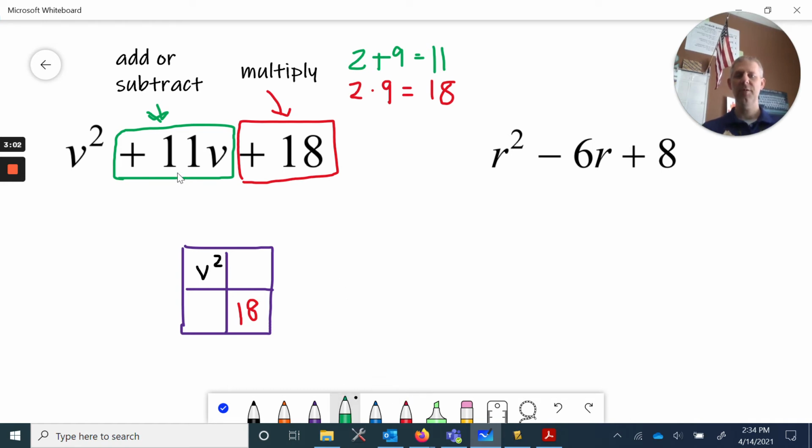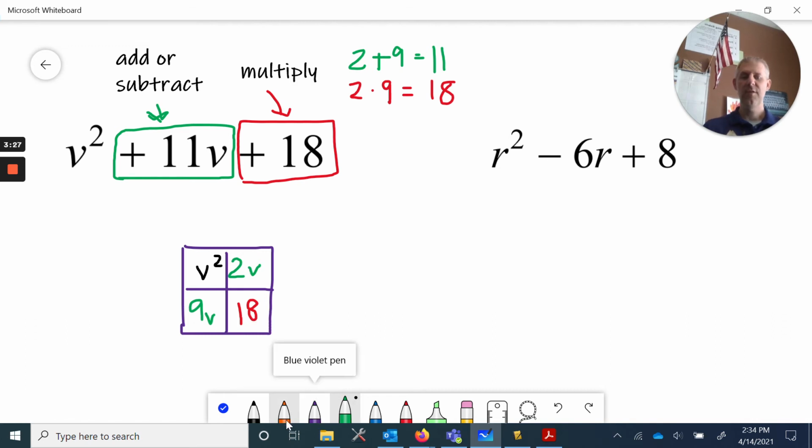So we're going to split it up into 2v and 9v from this piece up here. So 2v here, 9v here. And from there, now we can do GCF to figure out our factorization. You can swap the 9v and the 2v. You can put 9v here, 2v here. It doesn't matter. Your answer will just look slightly different as far as which is where. These will switch places, but it's still the same.